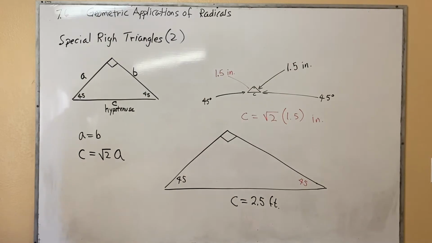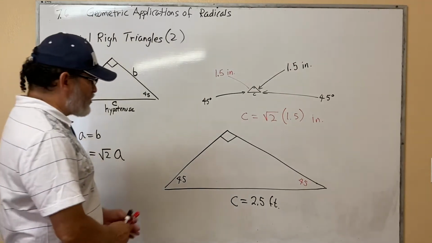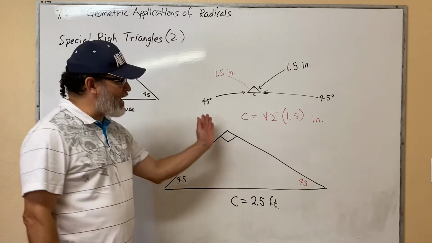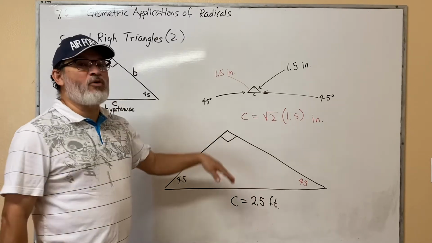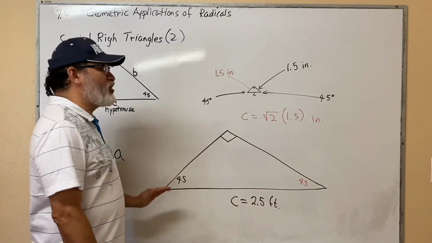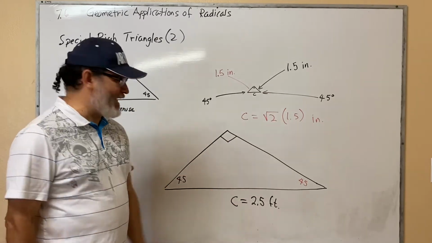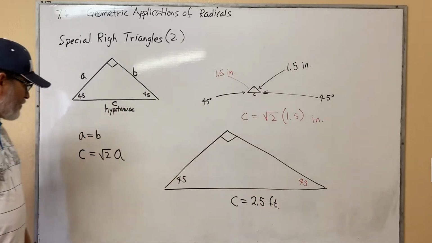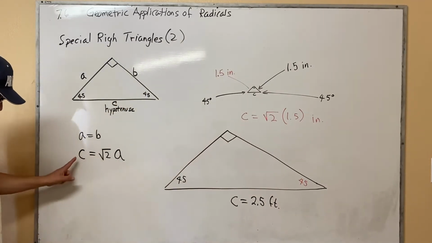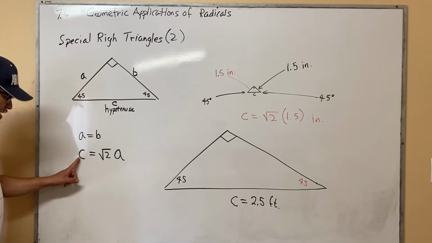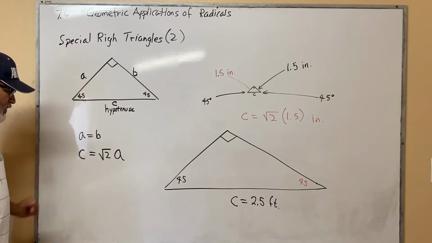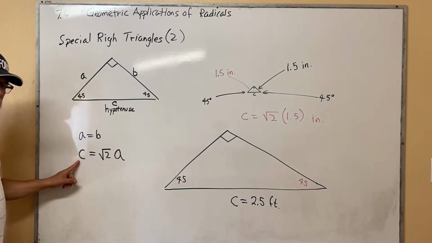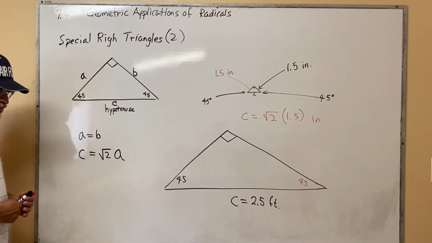Well, our job is to find A and B, and they are equal. Once you find A, you have also found B. Well, they gave us C. I can find A by plugging C here. C is 2.5.